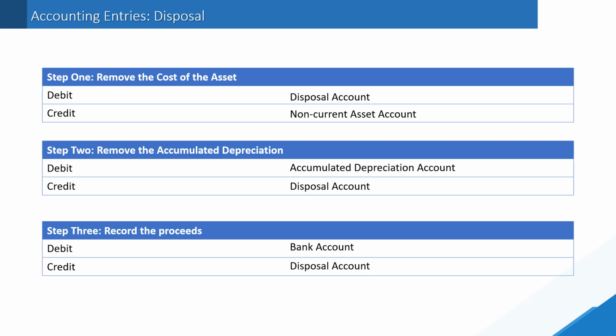But if we can remember the logic of the 3 steps, the removal of the asset, the removal of the accumulated depreciation and recording those proceeds, then as you can see in all of those 3 steps displayed on your screen, half the double entry, either the debit or the credit, goes through the disposal account. And consequently, that should help provide you with some form of technique as you approach these type of questions. So 3 steps, that's all we need to do.